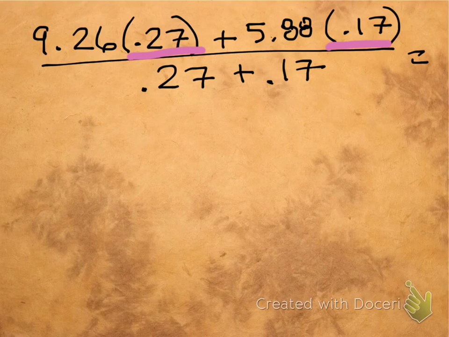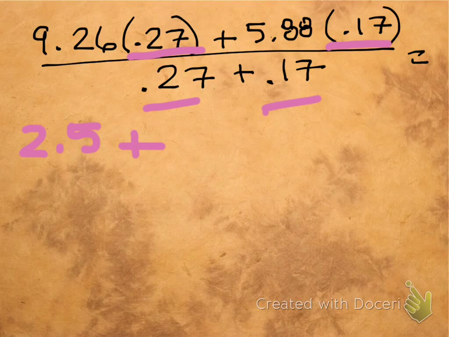And then I'm going to put that over both hours, or both times, okay? So if I multiply everything out, I would get 9.26 times 0.27, which is 2.5, plus 5.88 times 0.17.